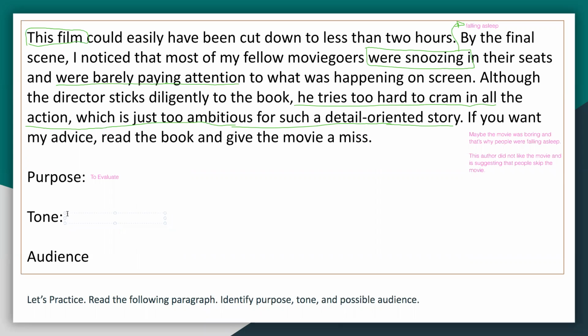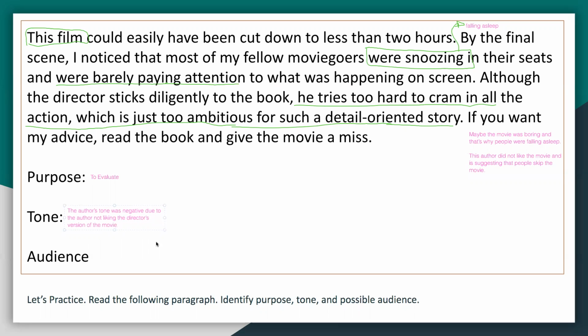The tone of this passage was not positive. It was not positive. So I can say the author's tone was negative due to the author not liking the director's version of the movie.